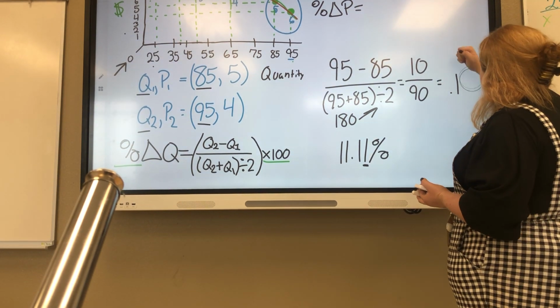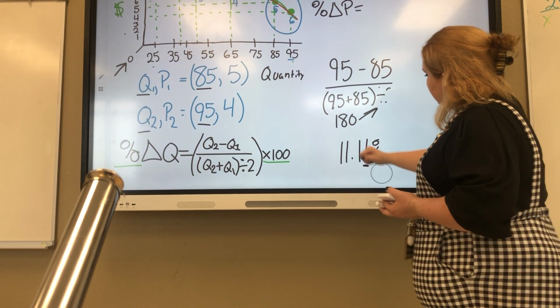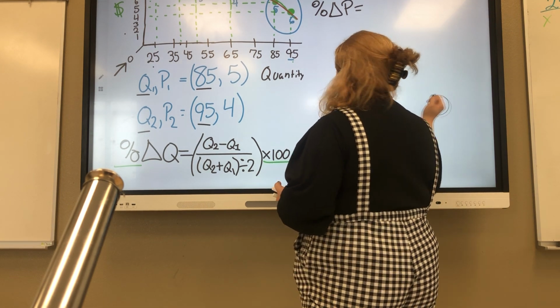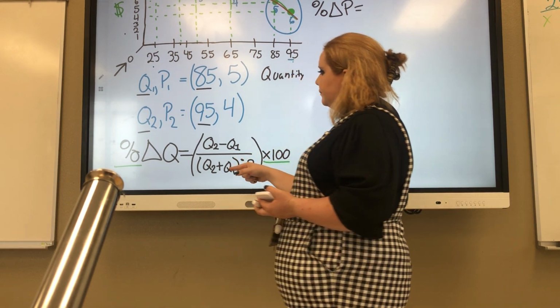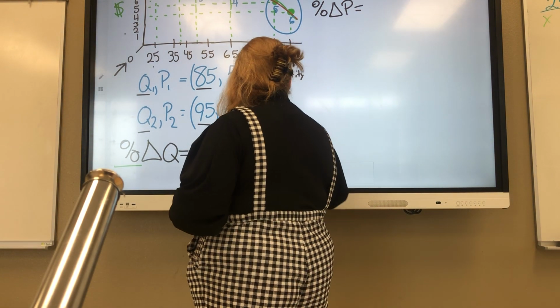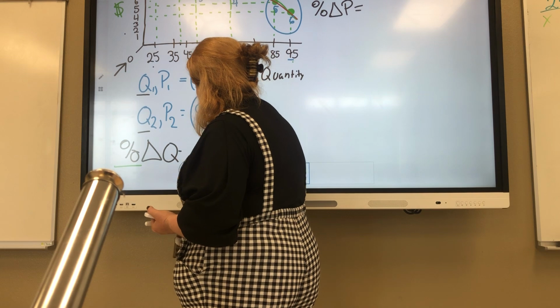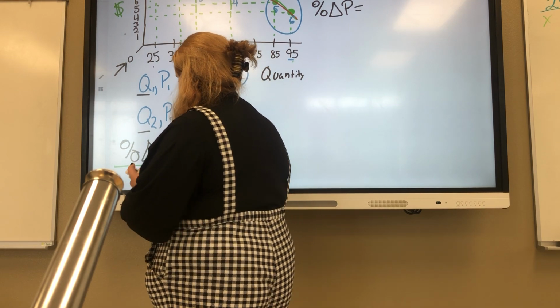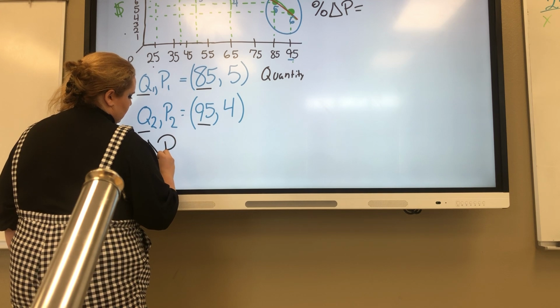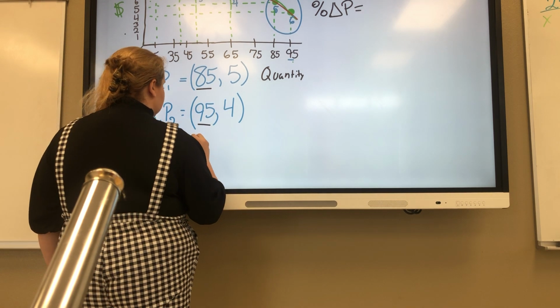We're going to get rid of all this. And we're going to look over here at the percent change in quantity. We're going to erase all the Q's. And we're going to change them out for P's. And it's going to be the exact same thing.